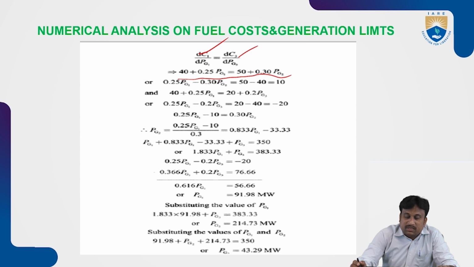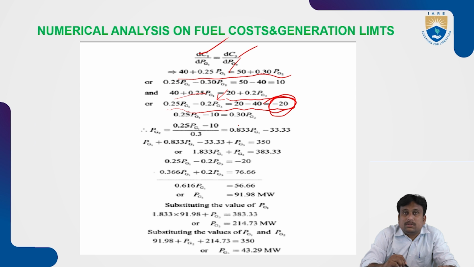Equating the first with the third, 40 plus 0.25 Pg1 equals 20 plus 0.2 Pg3, or 0.25 Pg1 minus 0.2 Pg3 equals 20 minus 40, which is minus 20.